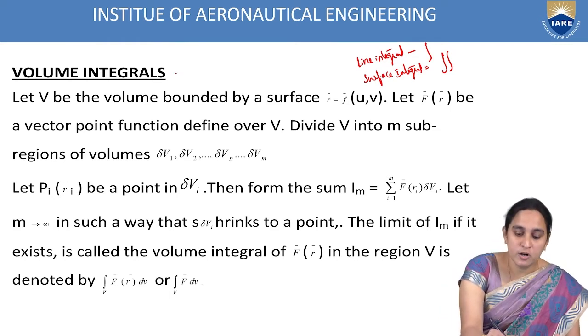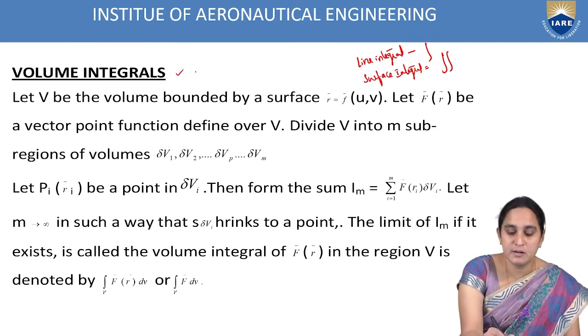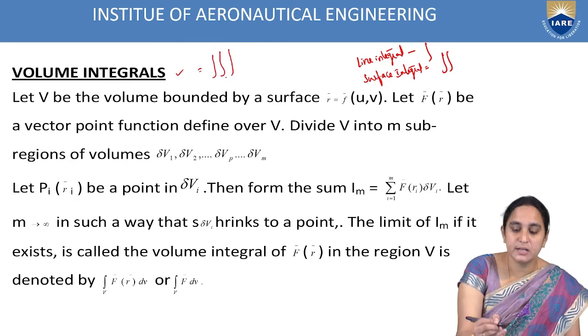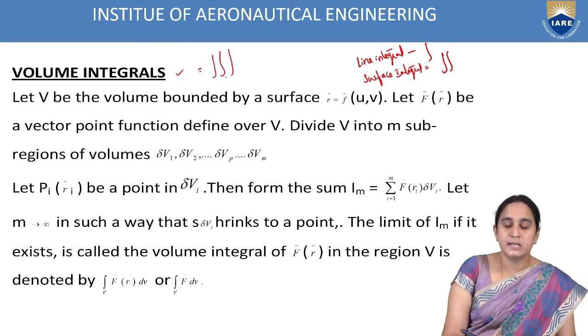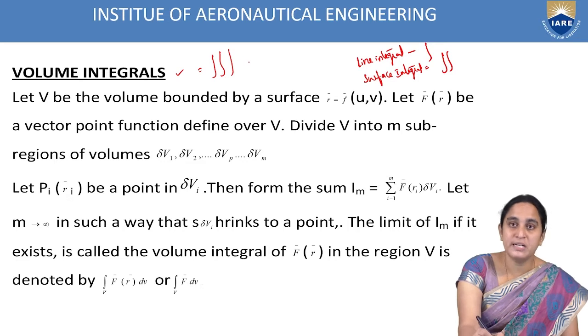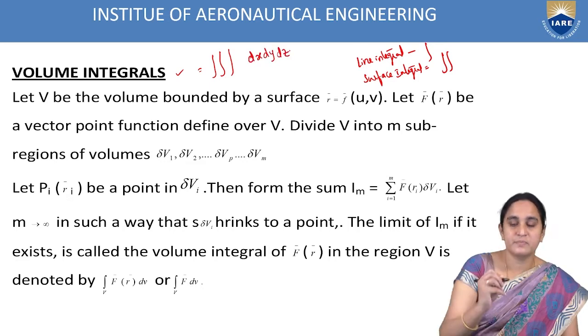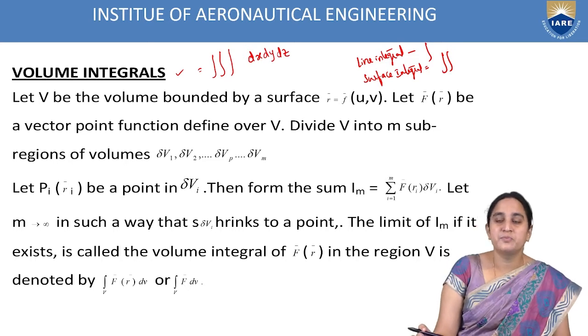But what is volume integral? Volume integral is in triple integral form. We have to integrate with respect to dx, dy, dz. That's the difference between line, surface, and volume integral.